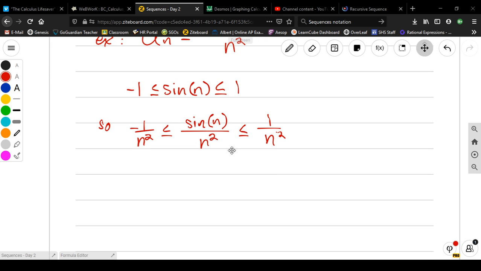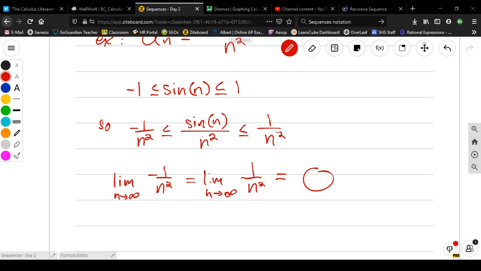So we've got sine of n over n squared sandwiched in between these two other sequences. I know the limit as n goes to infinity of negative 1 over n squared is the same as the limit as n goes to infinity of positive 1 over n squared. I know both of these things tend towards 0.